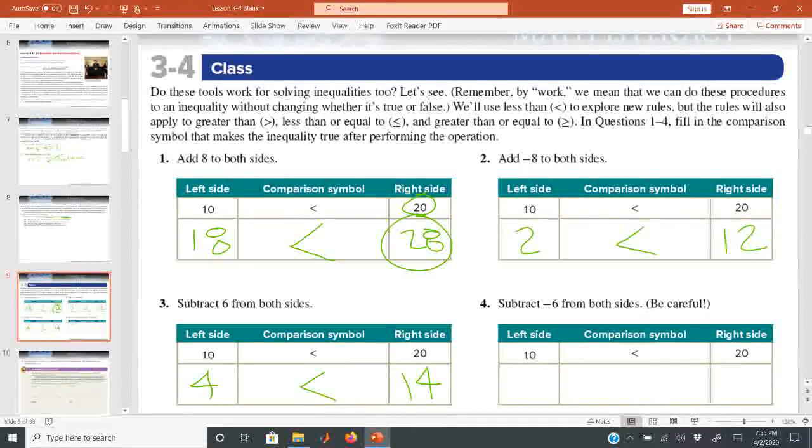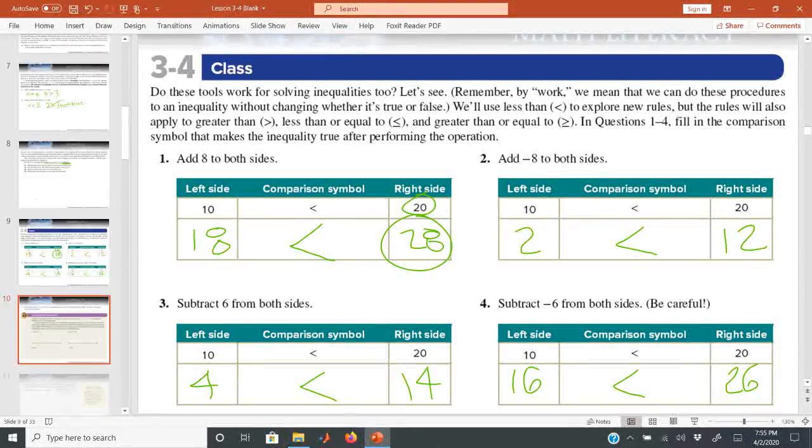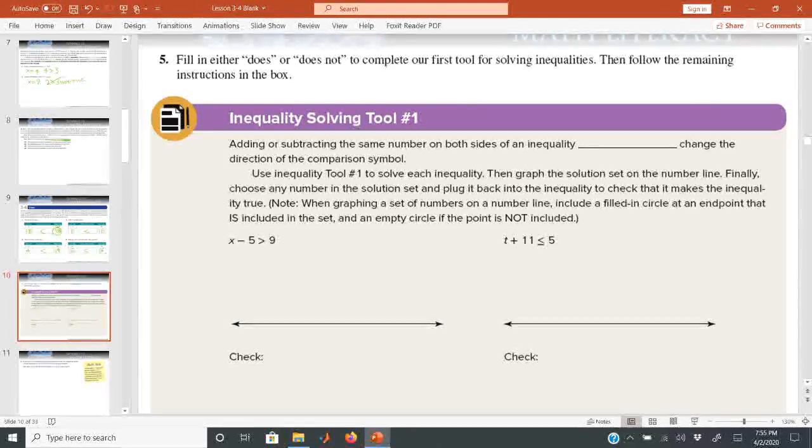So if I have 10 and I take away that negative 6, I get back to 16. So 10 minus a negative 6 is like 10 plus 6. And likewise for 20, we get 26. 16 is still less than 26. So far, we're able to add the same thing to both sides or subtract the same thing from both sides, and we still end up with a true statement.